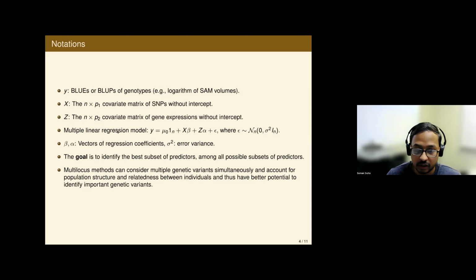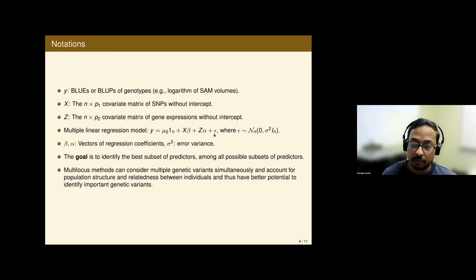And the multiple linear regression model that we use to identify the SNPs that are important, or the genes that are important, is given by Y equals mu naught times a vector of 1, where mu naught is the overall intercept term, plus the effects of the SNP markers, given by X times beta, where beta are the coefficients of the SNP markers, plus Z times alpha. Z here is the covariate matrix of the gene expressions, so alpha are the coefficients for the genes.